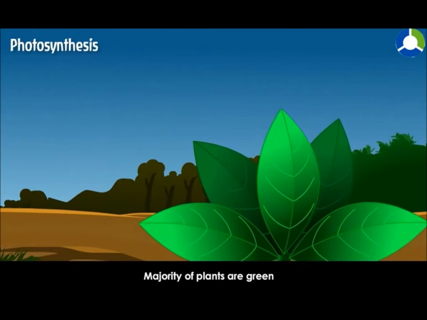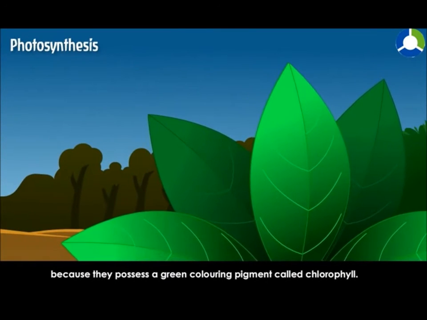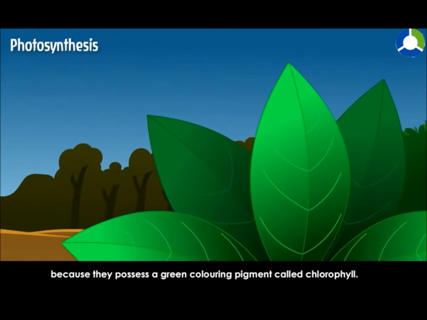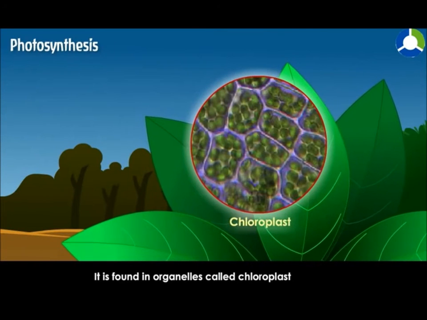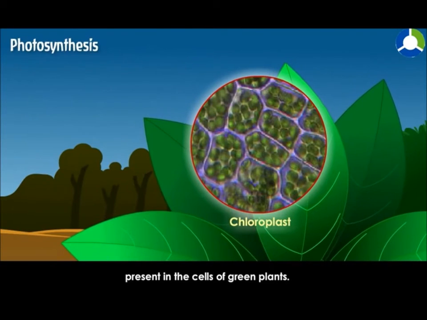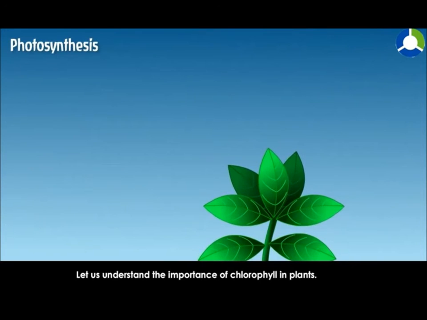Photosynthesis. Majority of plants are green because they possess a green coloring pigment called chlorophyll. It is found in organelles called chloroplast present in the cells of green plants. Let us understand the importance of chlorophyll in plants.